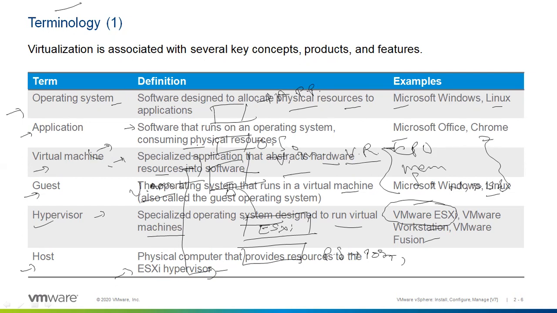Now, installing the OS could be you as a vSphere admin, and it could be the customer as well. Then installing the application, and managing the application, that's the work of the application team, not your work as a vSphere admin. Your work as vSphere admin is to create and manage ESXi hosts, create VMs, and manage VMs.